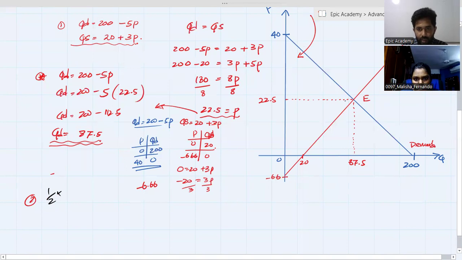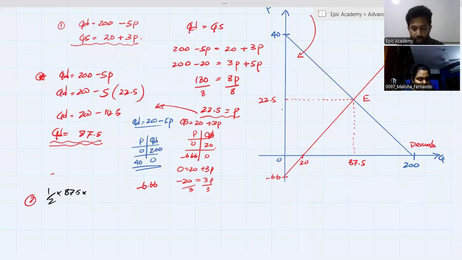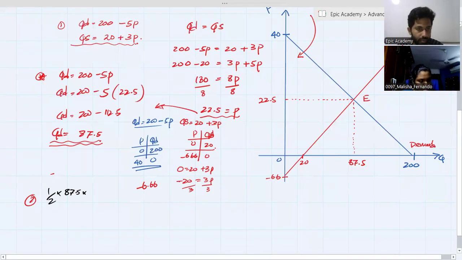Sorry, length is 87.5. Height is the difference between 40 and 22.5. It is 17.5, isn't it? Yes. Right.